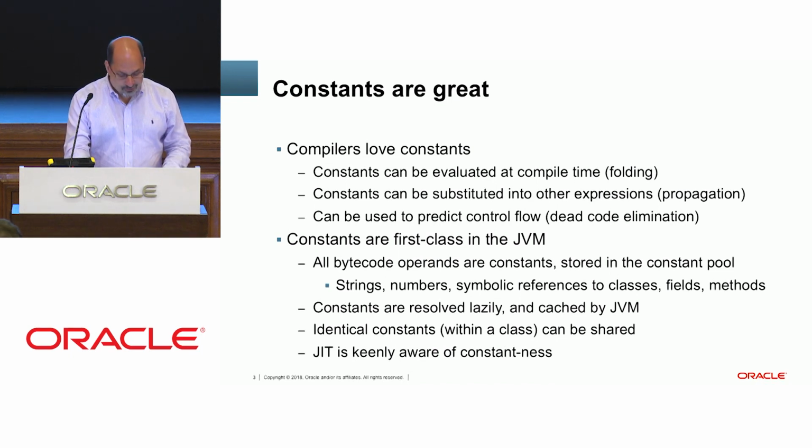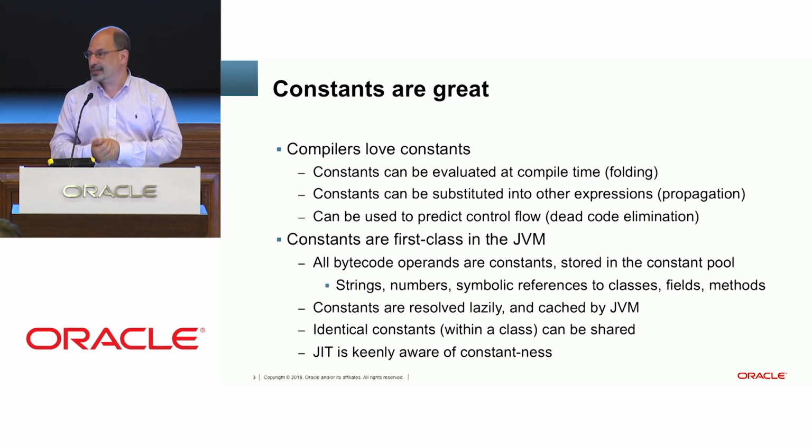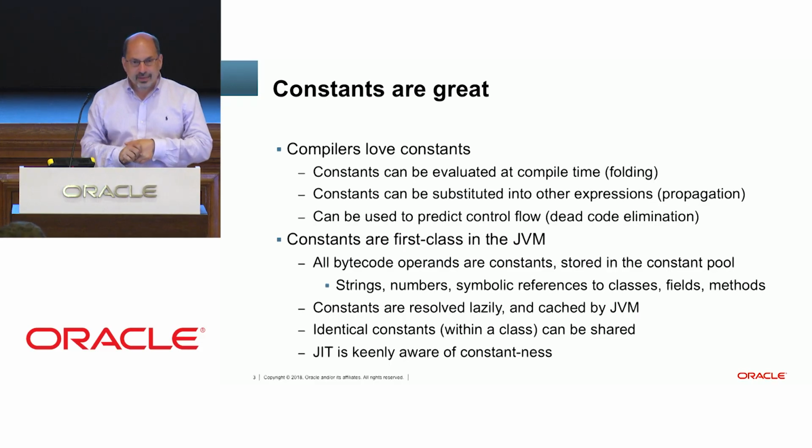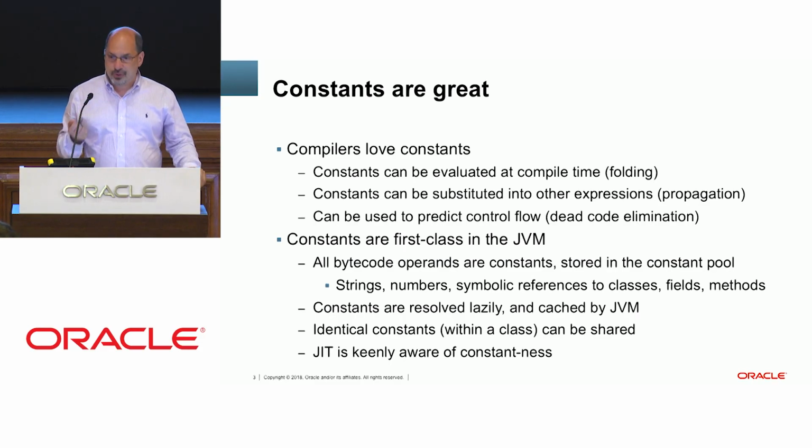So compilers love constants, and the JVM loves constants. The constant pool is an essential part of the JVM architecture. All the operands for all the bytecodes are stored in the constant pool. These are things that are strings, numbers, and symbolic references to things like classes, fields, methods, method handles, etc. Constants get resolved lazily, which is an advantage in startup.